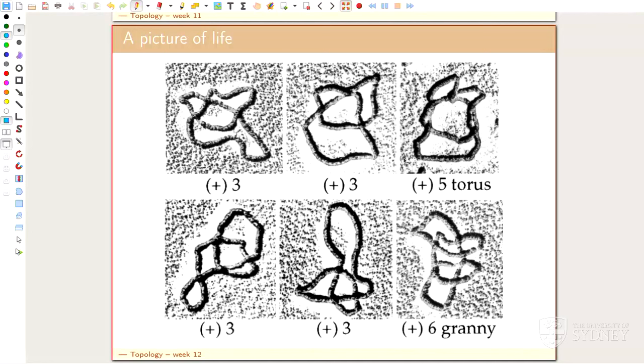So this is inside of our bodies. Kind of a really nice picture. And it turns out that they really form the knots we will see in this lecture. Like the 3-1 was the one from the video. And you can use the tools we study in this lecture to study those DNA knots. And people really do that in the real world, similar for proteins and many, many other things.